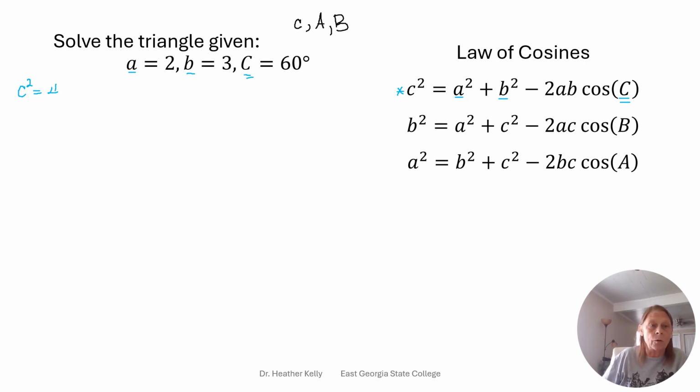So we'll have 4 plus 9 minus 2 times 2 times 3 cosine of 60 degrees. All right, and so when we put that in our calculator and run it all out, we have C squared is equal to 7. And so that gives us C is equal to the square root of 7.